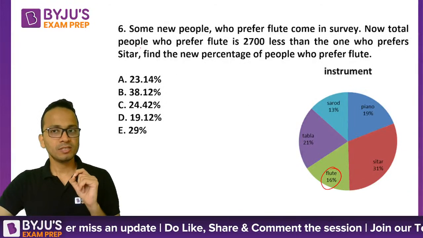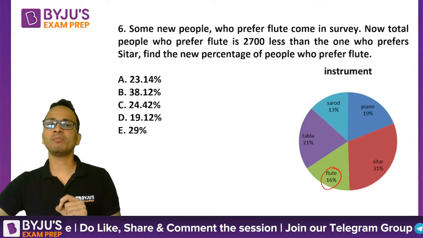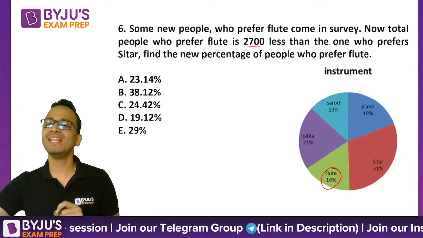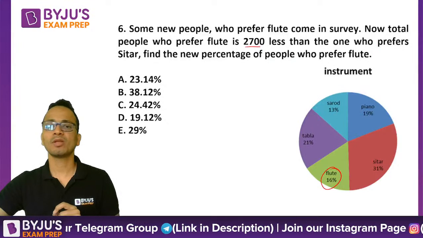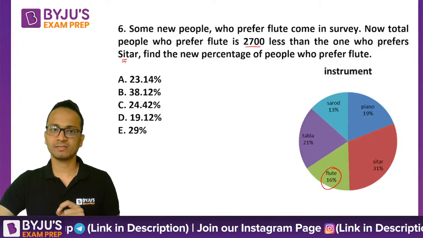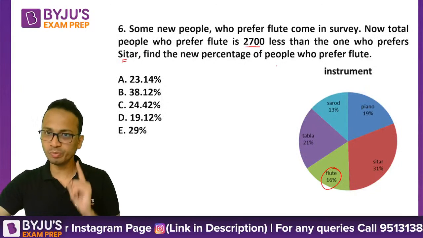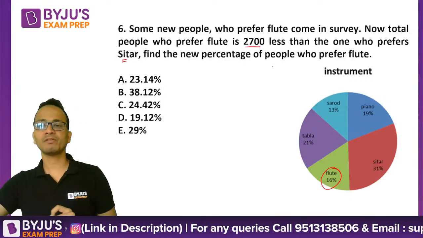Now at present the total number of people who prefer flute is 2,700 less than the number who prefer sitar. So you have to find out the new percentage of people who will prefer flute.